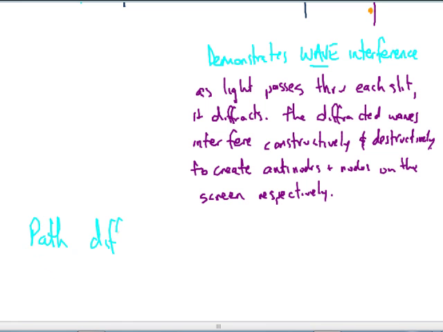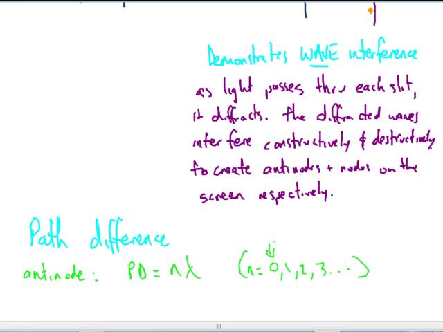So path difference. If it's an antinode, that is a bright spot, path difference is n lambda. n equals 0, 1, 2, 3, so on, where 0 is your central max.